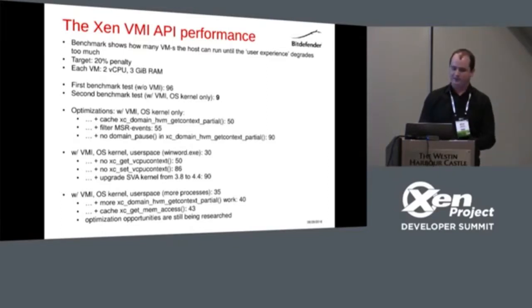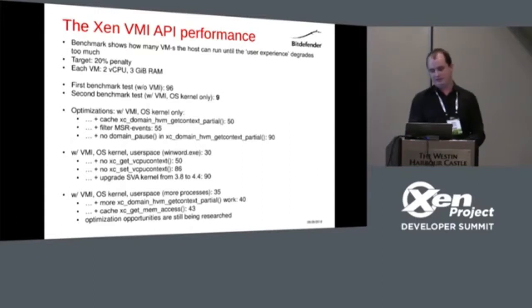The first thing we did was drop get vCPU context. Every time a VM event is generated, part of the register set is placed in the structure that represents the event, so you can use that without going back into Xen to retrieve the registers. That jumped us from 30 to 50.